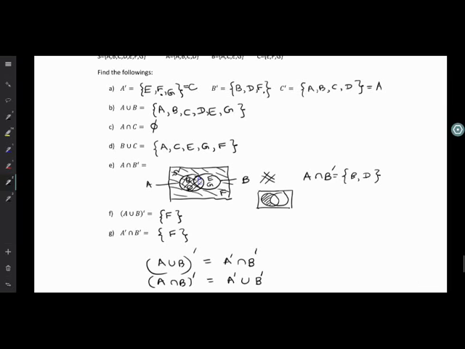If you look at this one, you can see that we have the complement outside the union. If you distribute the complement, you can do that by interchanging the sign from union to intersection. The same happens in the second one. You have the complement outside the intersection. If you distribute the complement to A and B, interchange the intersection to union. So this is called De Morgan's law.